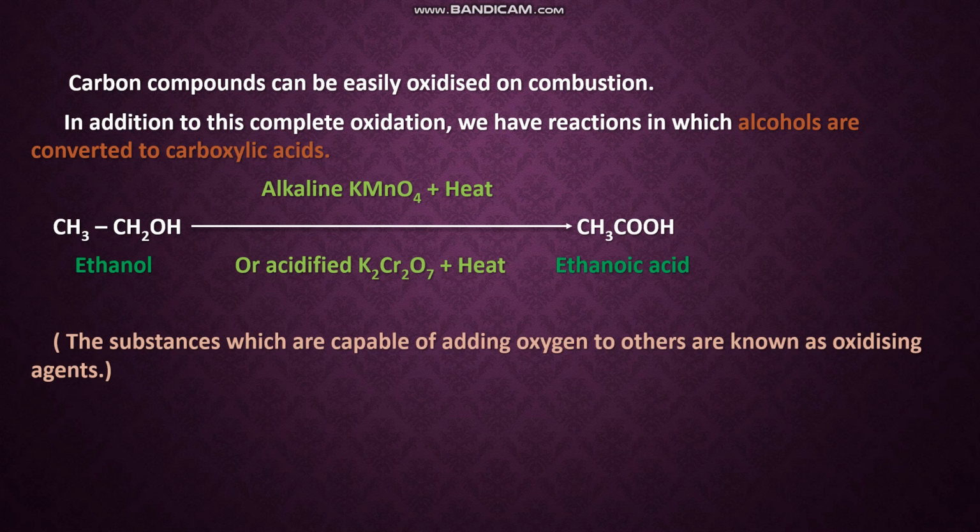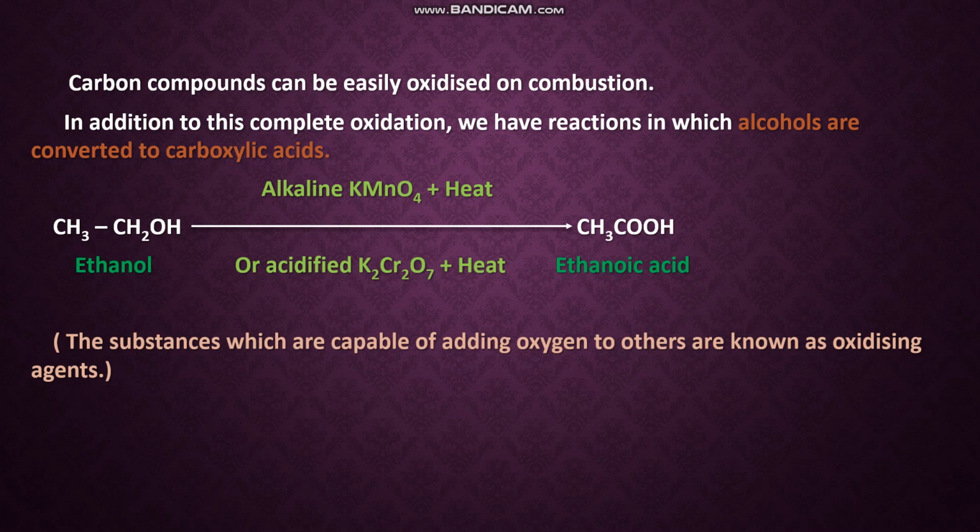The substances which are capable of adding oxygen to others are known as oxidizing agents. So alkaline potassium permanganate is acting as an oxidizing agent, and acidified potassium dichromate is also acting as an oxidizing agent.